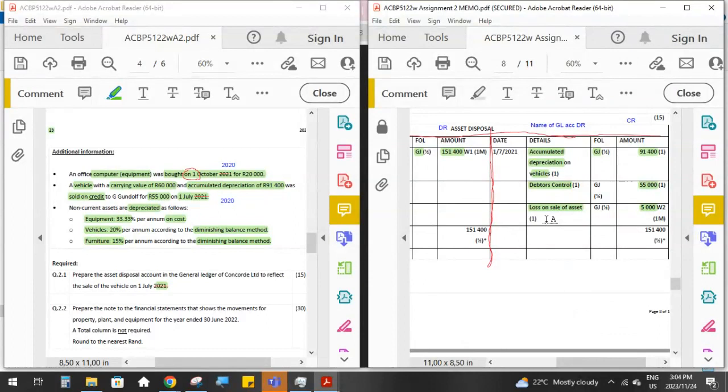A debit to loss on sale will be an expense, which is a loss, and a credit to loss on sale of asset would be a profit because it would be an income. And then left-hand side totals 151.4.